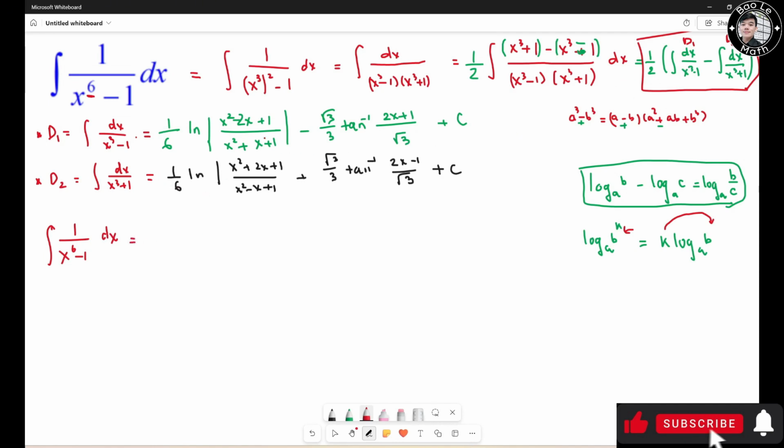So I multiply 1/2 right here. It turns out to be 1/12, right? So I have 1/12 parentheses.